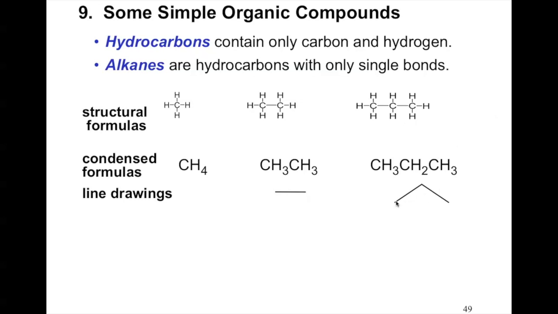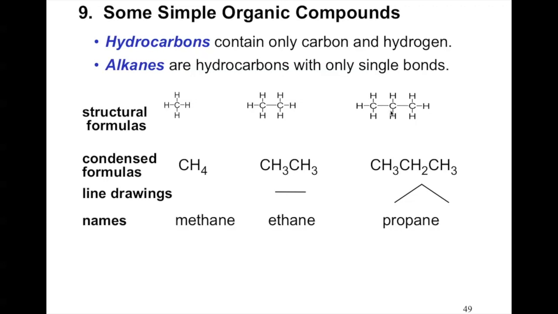If we look at this one, we have a carbon there, a carbon there, and a carbon there. Each of them are linked by single bonds. And it is implied that this carbon, since it's bonded to 1 carbon there, has to have 3 more bonds, and they're bonded to hydrogen. Same thing with this one. And the one in the middle, this carbon is bonded to 2 carbons, so it must have 2 hydrogens bonded to it, as we can see in the structural formula.